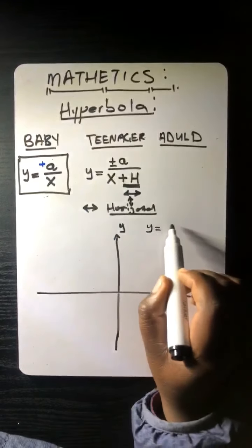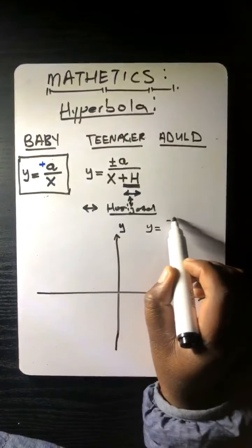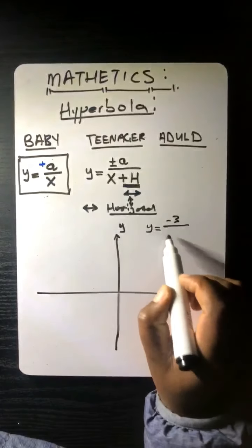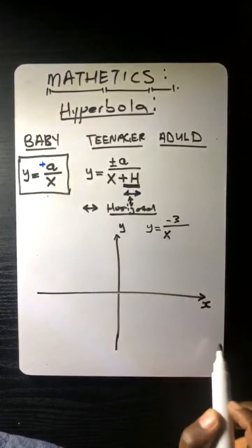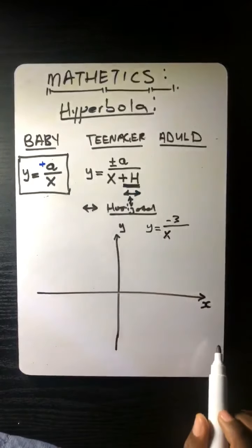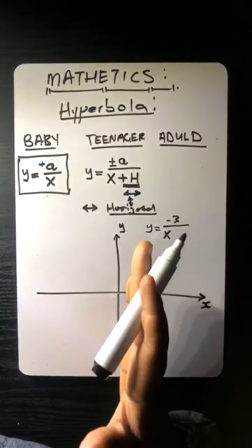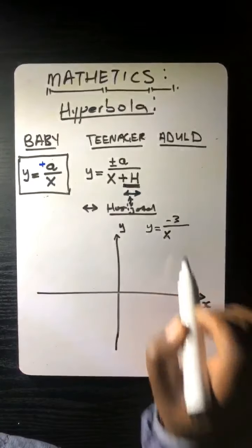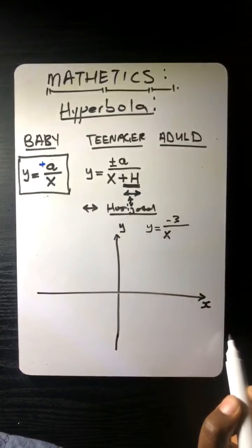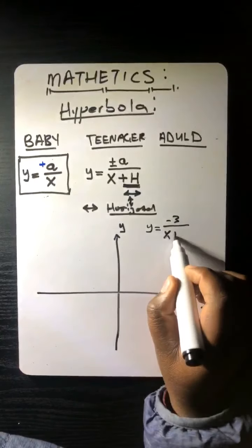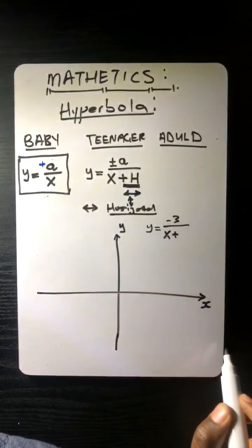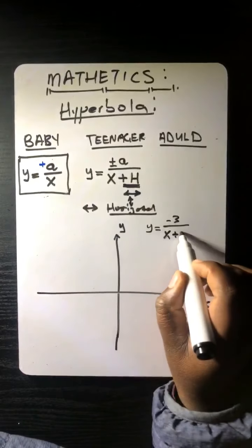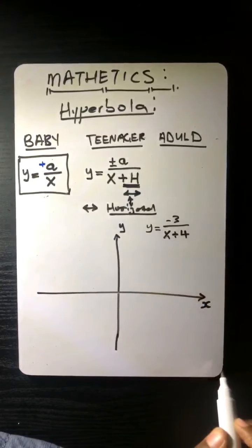So that means we're going to have y equals, let's say, -3 over, obviously we know the axis at the bottom for a hyperbola. So if we wanted to shift to the left, what sign are we going to have there? Positive. Okay, by how many units? 4. Okay, 4 units.